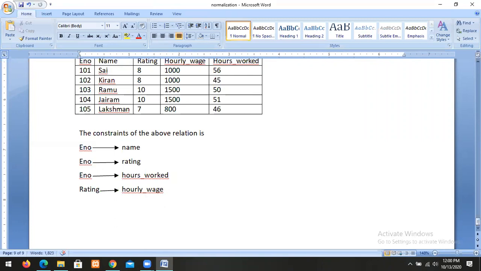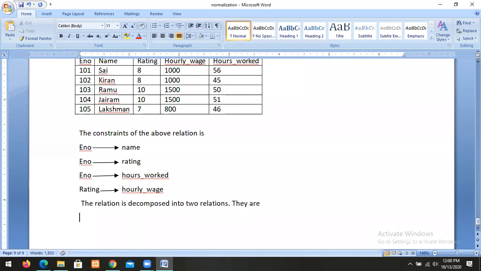Suppose the relation is decomposed into two relations.